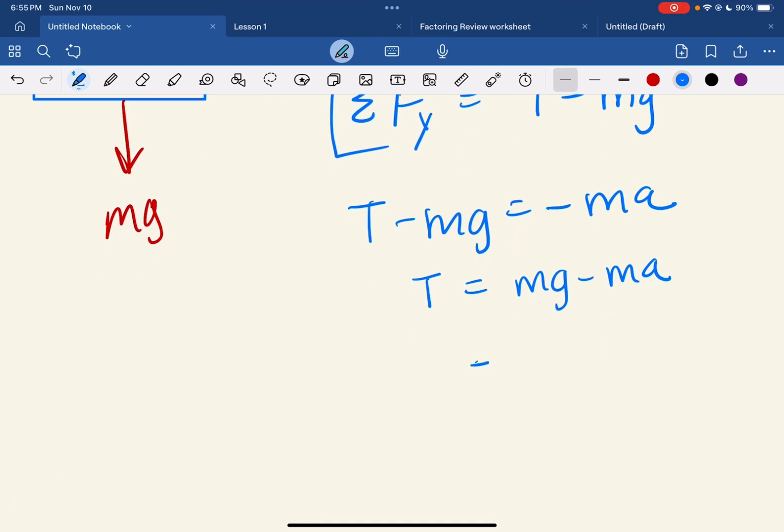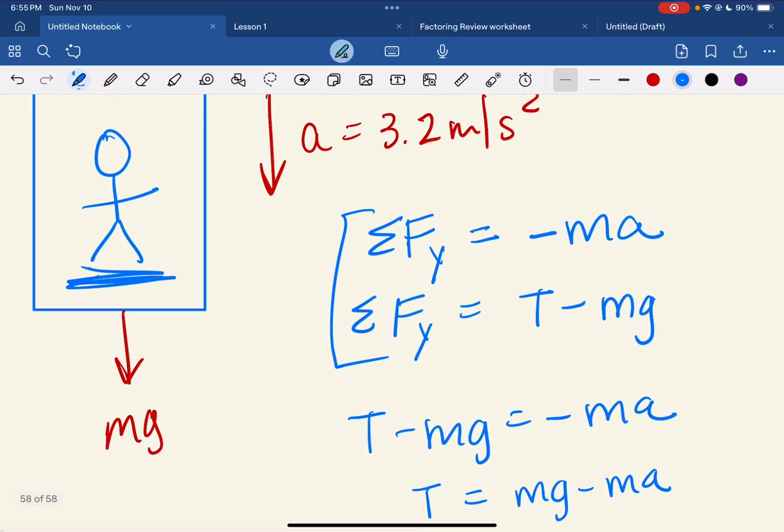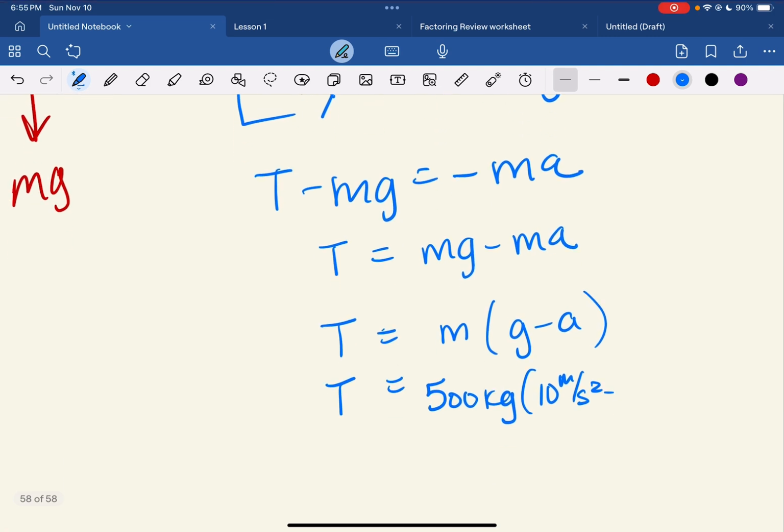And again, this next step is unnecessary. I'm just doing it because it is less calculator strokes for me. Okay. So to find my tension, I'm going to take my total mass, which is 500 kilograms, my gravity, which is 10 meters per second squared, and I'm going to subtract from that 3.2, so that should be minus 3.2 meters per second squared.